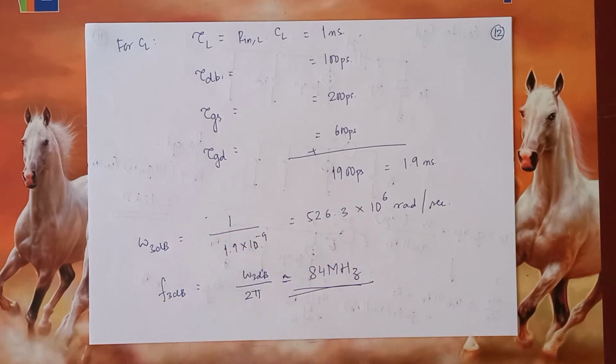So in this particular lecture, we saw how to estimate different figures of merit of bandwidth, that is ft and fmax, of a MOS device, transistor only. And we also saw one technique, which is the method of open circuit time constants, to estimate the 3 dB bandwidth of an RF MOS amplifier circuit. So we shall continue from this point onwards in the next lecture.